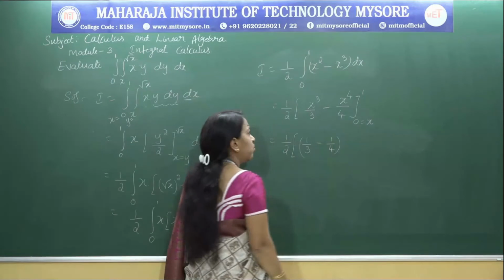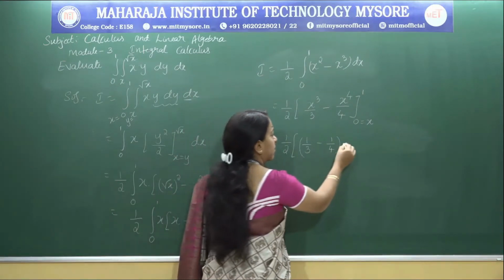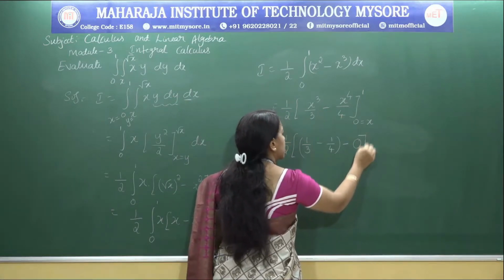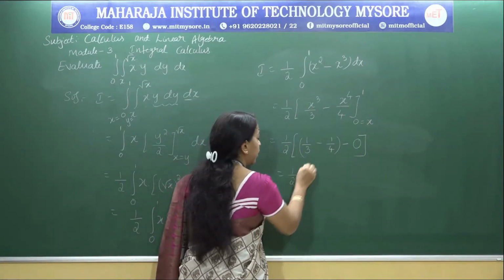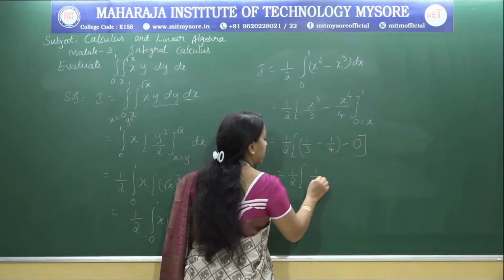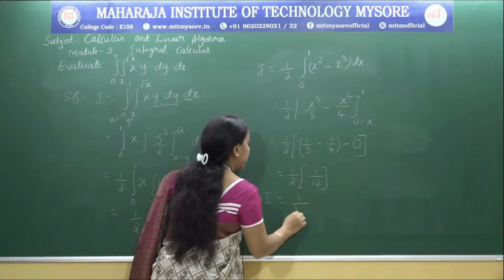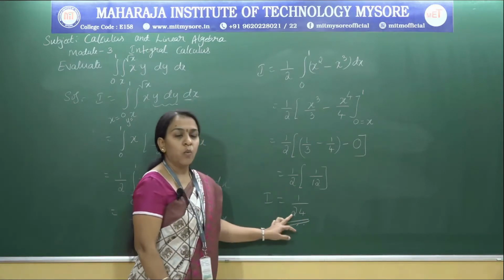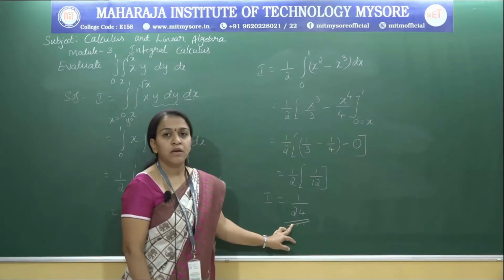Of course 1 cube is nothing but 1, 1 power 4 is nothing but 1. Upper limit minus lower limit, 0 minus 0, we remain with 0. So if I simplify, we have 1 by 2 times 1 by 12, so the given double integral result or evaluated value is 1 by 2 into 1 by 12, nothing but 1 by 24.